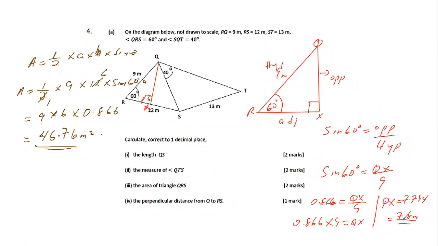All right, guys, I have posted this worksheet in the WhatsApp group. There are actually 10 questions. We've looked at 4 questions, so we still have 6 questions. Please find time and go through it. All you need to know is the cosine rule and the sine rule, and when to use the cosine rule and when to use the sine rule.